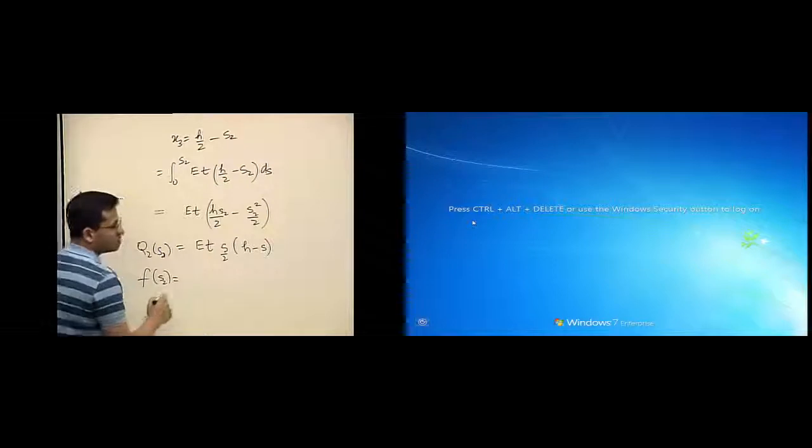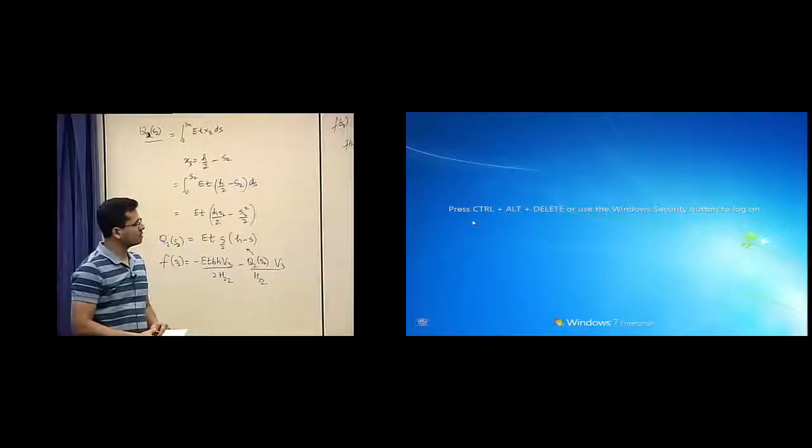So we can complete the expression for f of S2 to be minus ETBH V3 over 2H22, minus Q2 of S2 over H22 V3, and the Q2 value is calculated here. Right, so we have shear flows calculated in all the three directions.